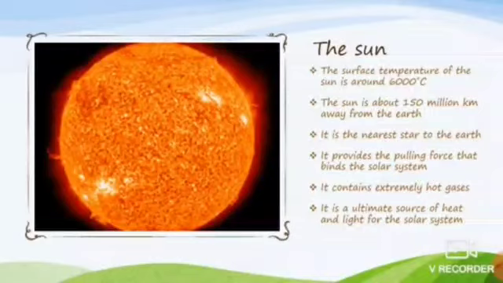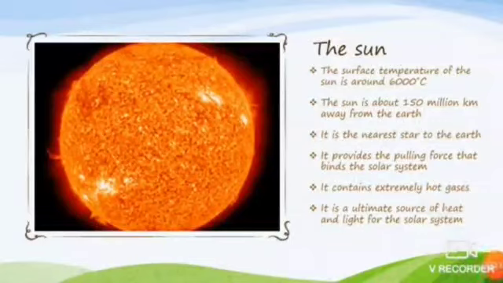The surface temperature of the sun is around 6000 degrees Celsius. But that tremendous heat is not felt so much by us because it is far away from us. The sun is about 150 million kilometers away from the earth.